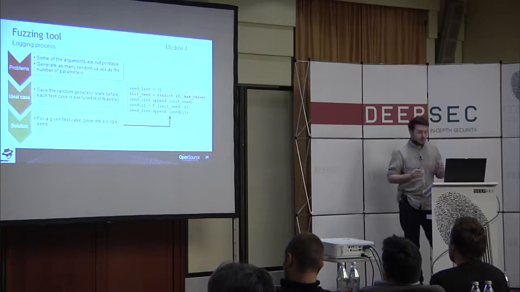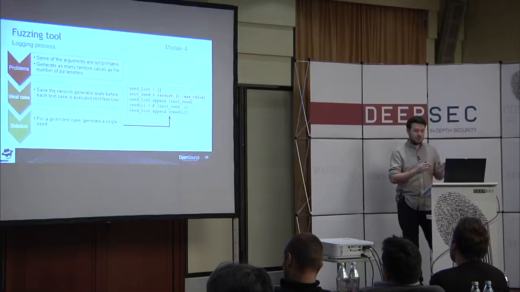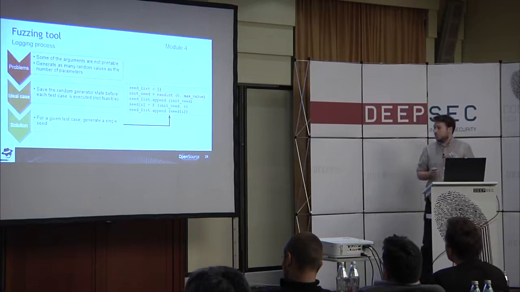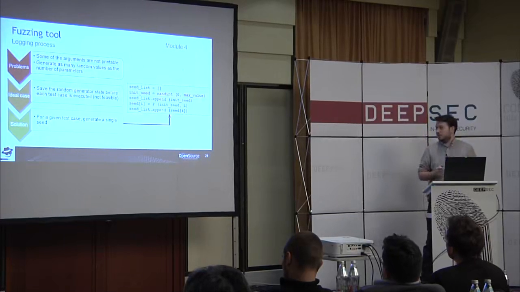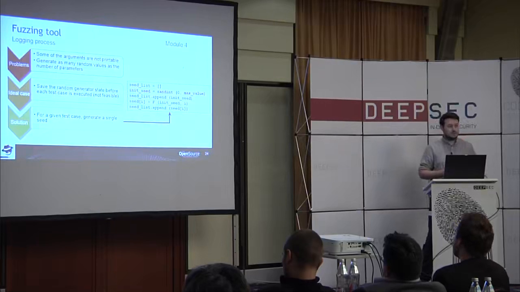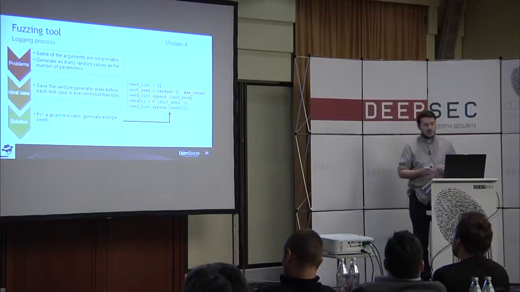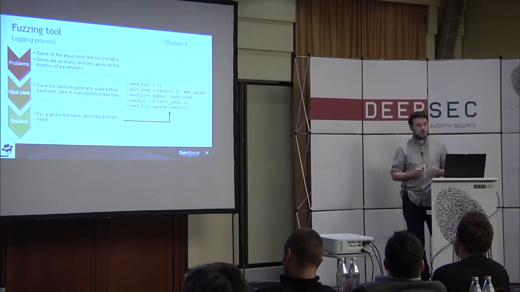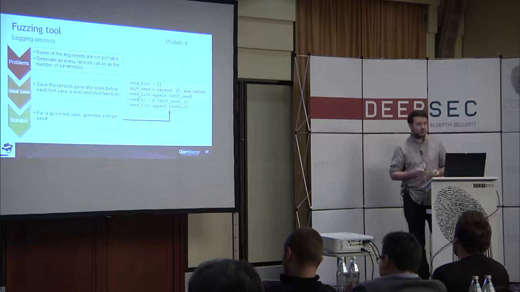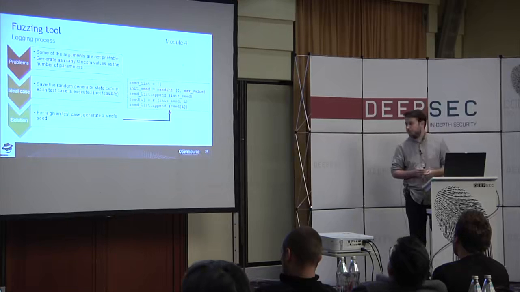Also, for example, you have a method that takes 4 parameters. You don't want to generate a single random seed for each of the parameters that you are sending. One idea was you could have saved the random generator state before each test case is executed and store them, but that would have been a huge waste of space because there are millions and millions of test cases that are being executed, and it wasn't feasible.